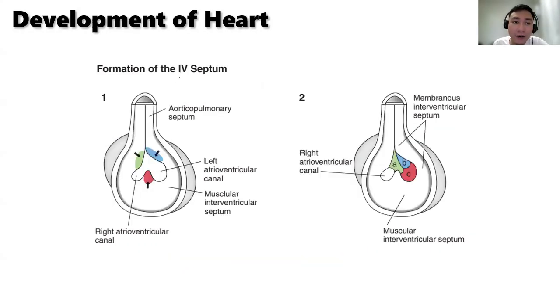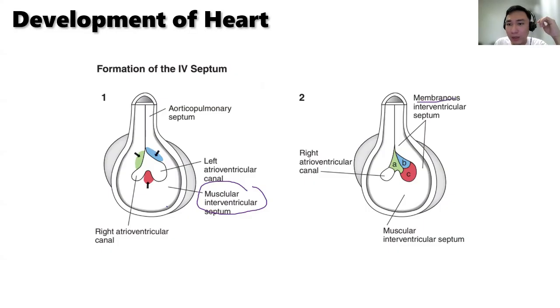And for the interventricular septum, earlier we separated the atria from the ventricles. Now we separate the two ventricles. That's your interventricular septum. You form that from muscle, since our two ventricles are muscular. They make new cells that will divide the left and the right ventricle. You call that your muscular interventricular septum.